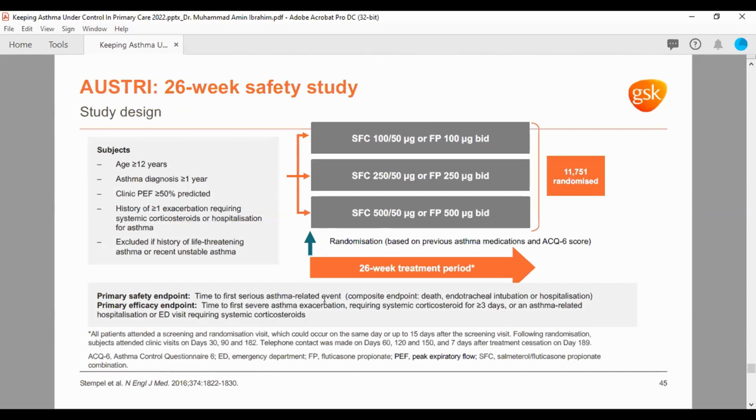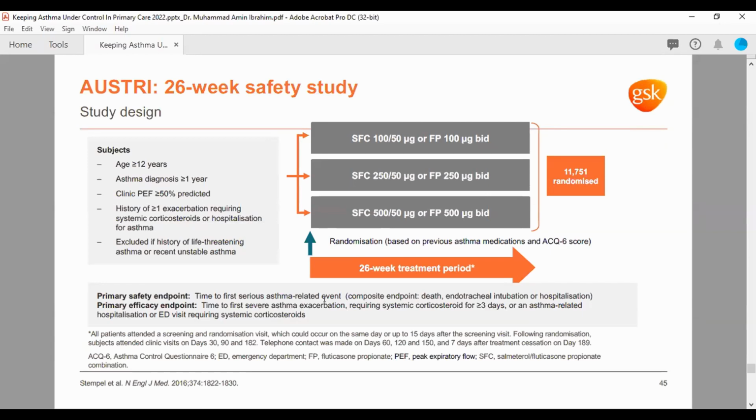So Australia study tried to look at the safety profile when we use ICS with LABA combination. So this study is over 26 weeks. There is 3 arms, 3 different doses of steroid, against similar dose of steroid. So we have the first arm is using salmeterol fluticasone at 50/100 micrograms, against fluticasone 100 microgram BD.